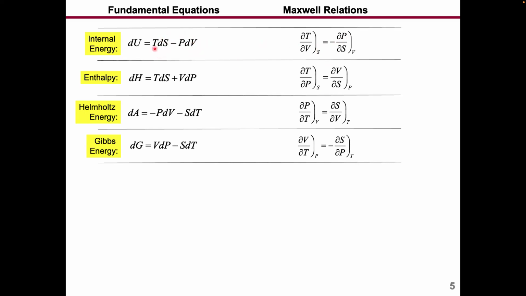So the second derivatives should be equal. That's why (∂T/∂V) at constant S is equal to minus (∂P/∂S) holding V constant. This is called the Maxwell relations.